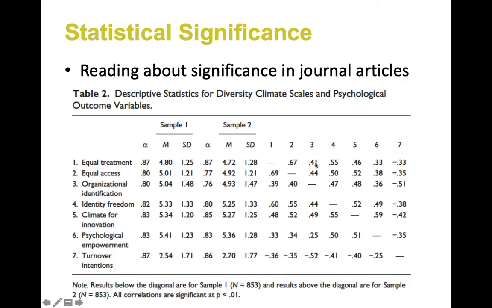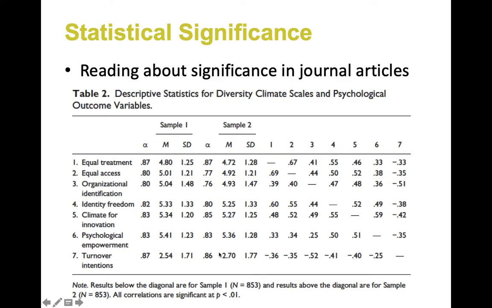Okay? Correlation between variable 1 and variable 3, correlation between variable 1 and variable 4. Let's go over here. This is the correlation between variable 2 and variable 5, which is climate for innovation. Okay? So this is a correlation matrix, and this is a way to very succinctly share what all the bivariate correlations are between all the variables in a study.